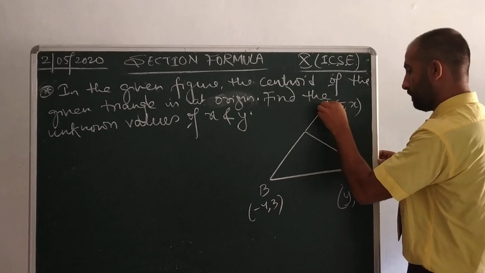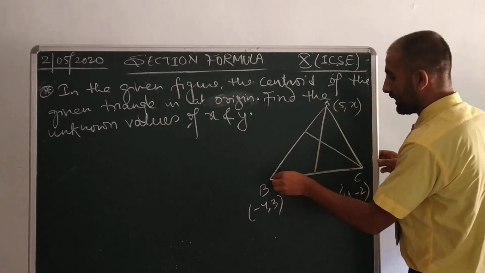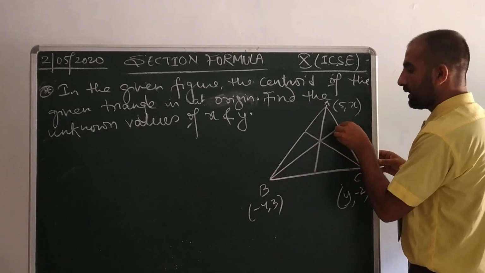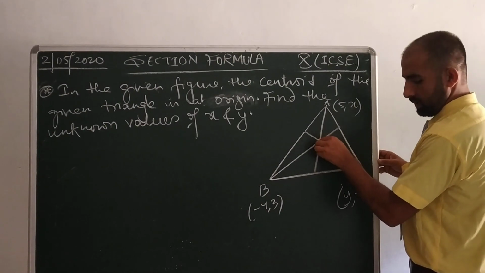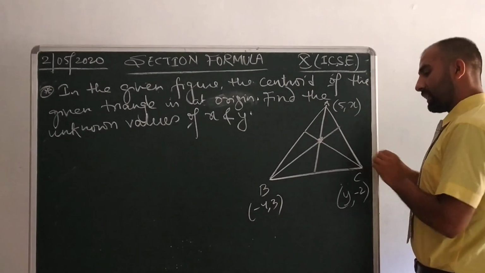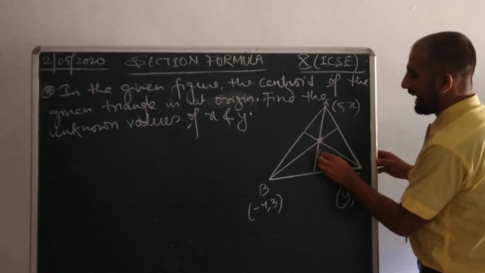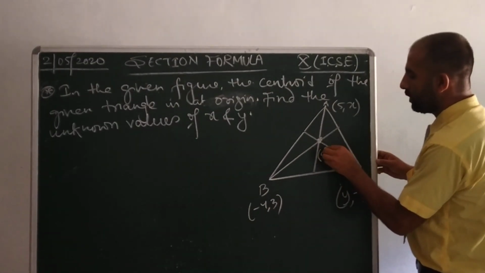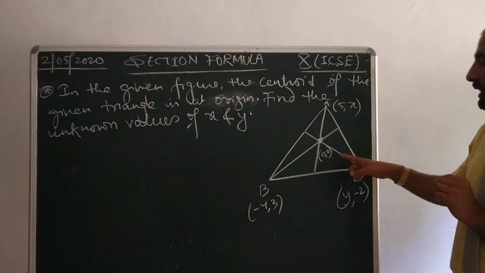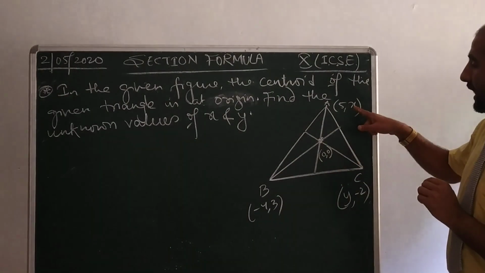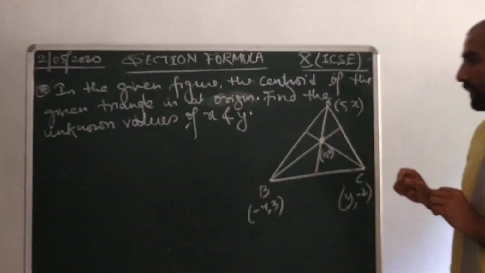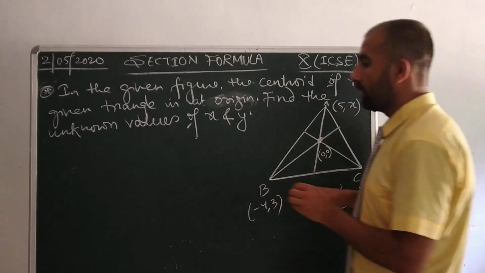First median, second median, and third median. This point is what we call the centroid, and the coordinate of the centroid is given at the origin. At the origin means 0, 0. That means we are already given the centroid, and we have two unknown quantities. Let's find them.